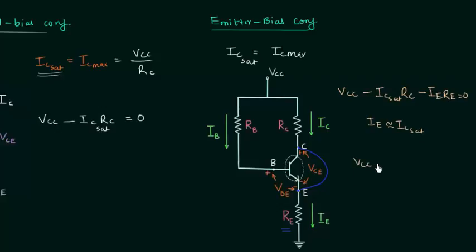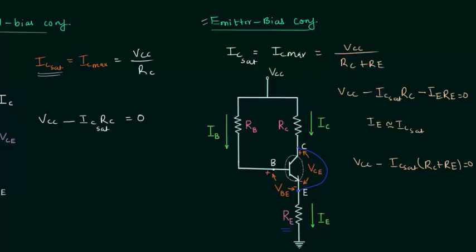We have VCC minus IC sat inside the bracket RC plus RE equal to 0, and from this equation IC sat is equal to VCC divided by resistance RC plus resistance RE. So this is what you need to do in emitter bias configuration.